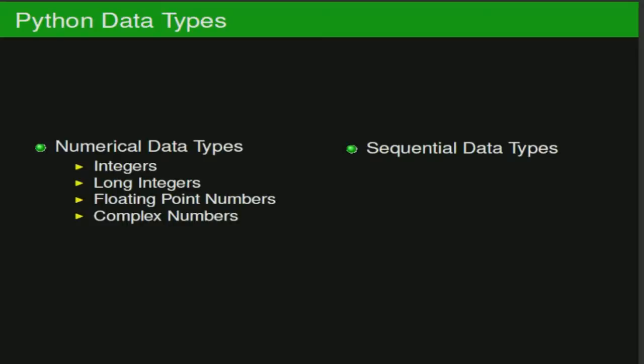In a previous video, we talked about integers, long integers, and floating point numbers, so if you want to review that, head over and check out that video. Under the sequential data types, we have strings, lists, tuples, and dictionaries.